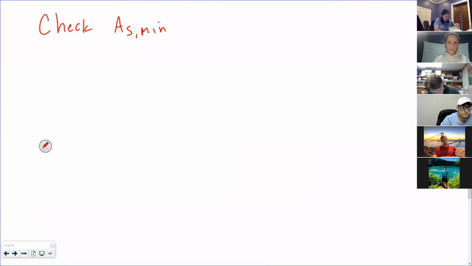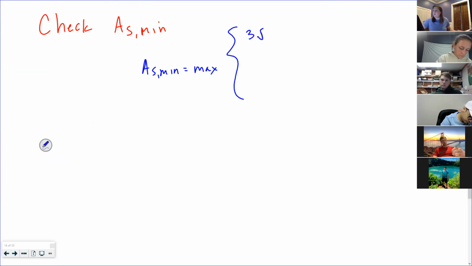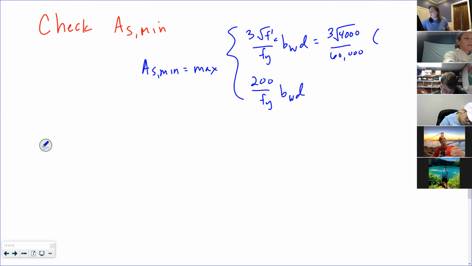There's AS min: square root of f'c over fy, so 16 inches. Oh, we didn't calculate d.